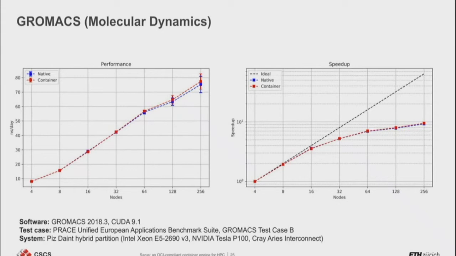Hybrid Piz Daint partitions. So we have our Xeon and the P100 all over the Cray Aries interconnect. Both hooks that I just presented are at work here, the native MPI and the GPU ones. We got pretty consistent performance between native and container implementation all the way up to 256 nodes.